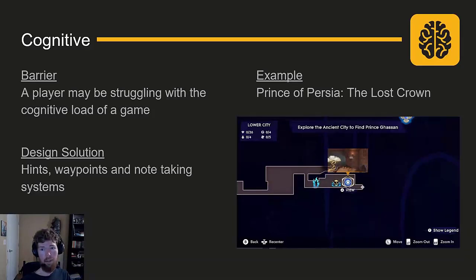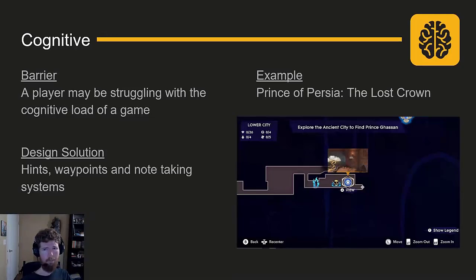Alright, next up, cognitive accessibility. So, cognitive accessibility is very broad and includes things like dyslexia, sensory overload, motion sickness, among other things. Part of cognitive accessibility is addressing cognitive load, that being the amount of information you expect a player to hold in their head all at once.